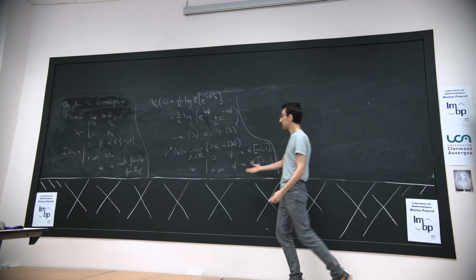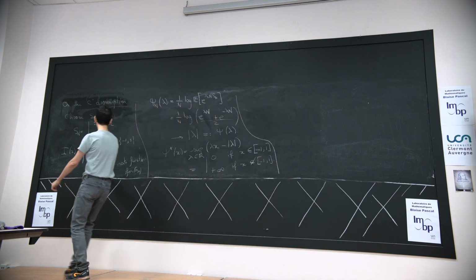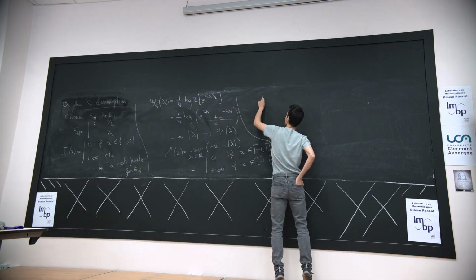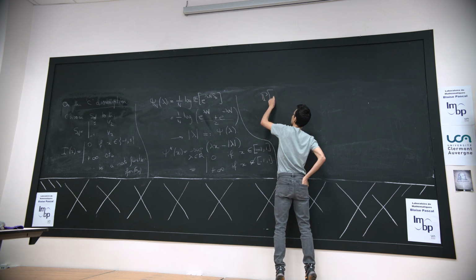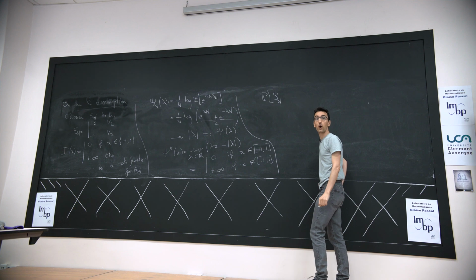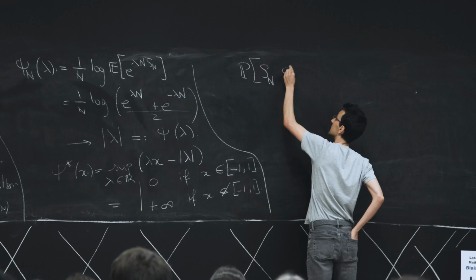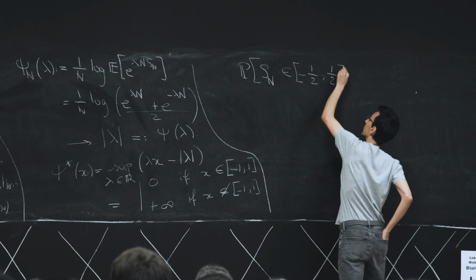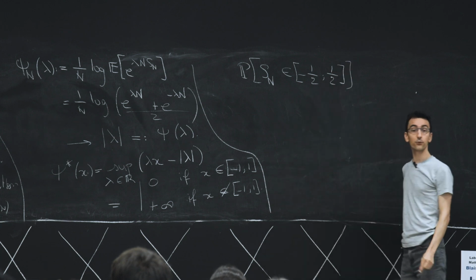Okay, and well, this is not what we were hoping for. We see that this is not a valid large deviation rate function, because if this was the rate function for our sequence Sn, in particular, it would predict that we have a not too small chance of falling inside the interval minus 1/2, for instance.